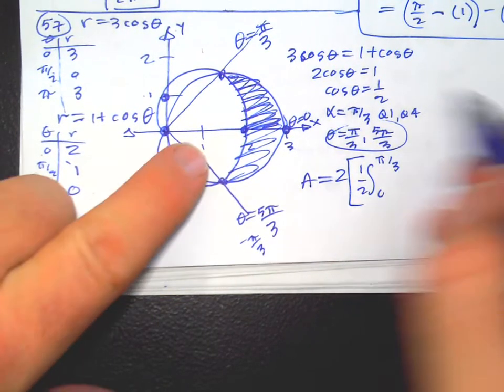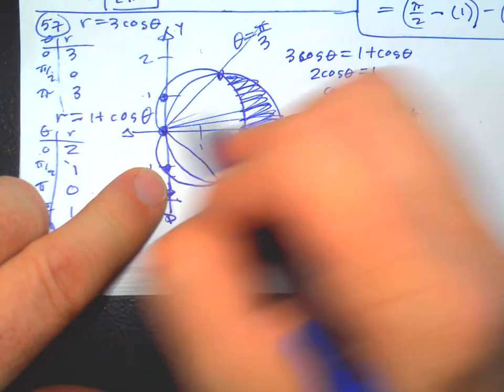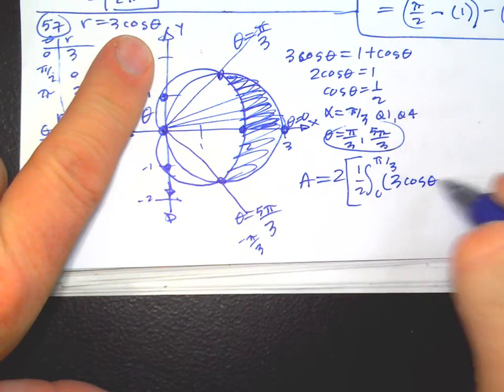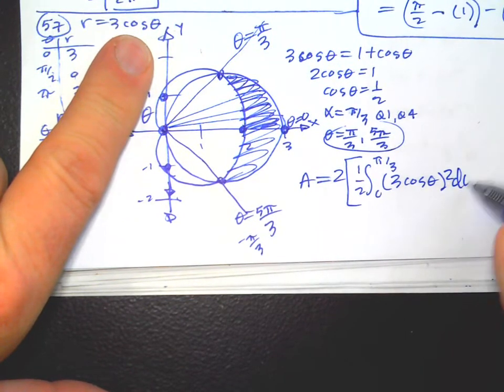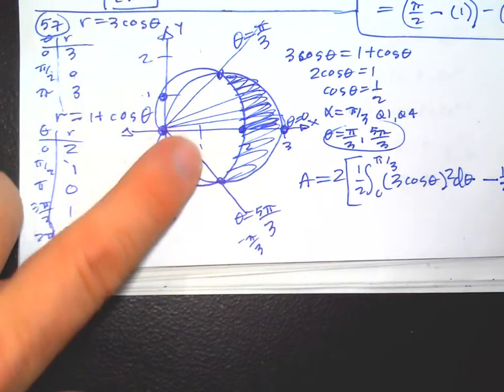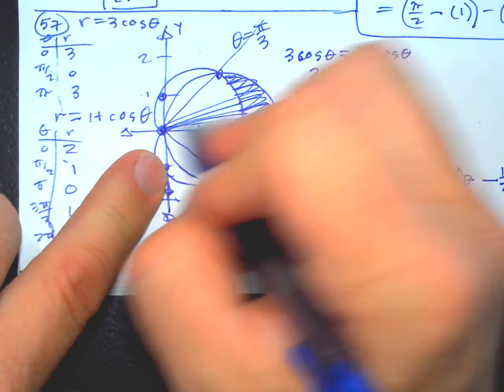So I'm going to do this bigger area first. That's the circle, 3 cosine theta squared. And then we're going to subtract, from 0 to pi over 3, the cardioid, this area right here.